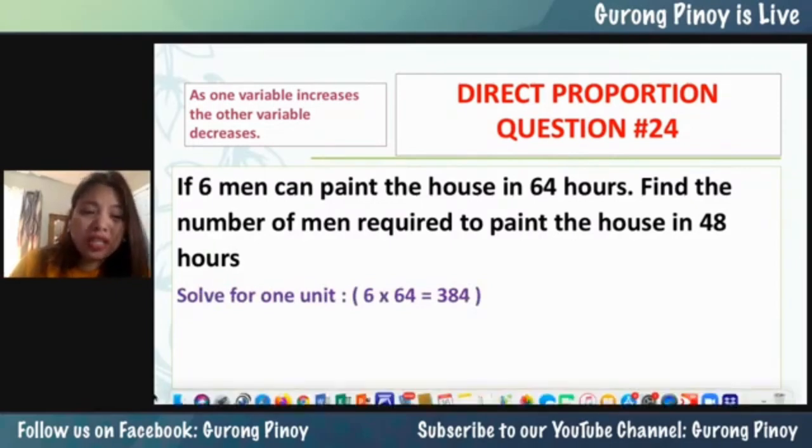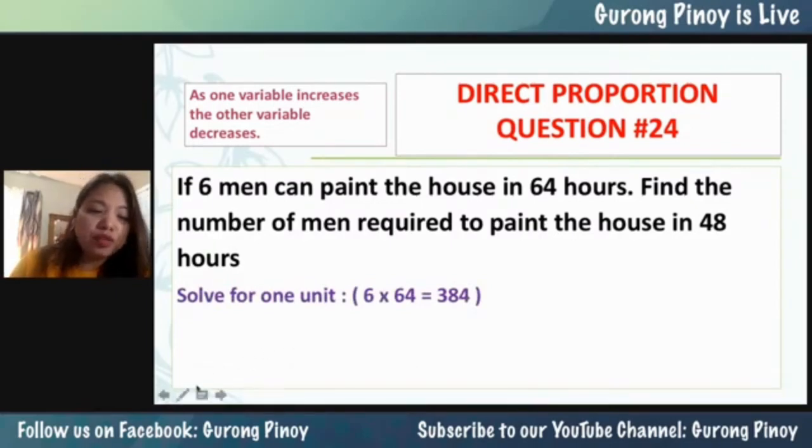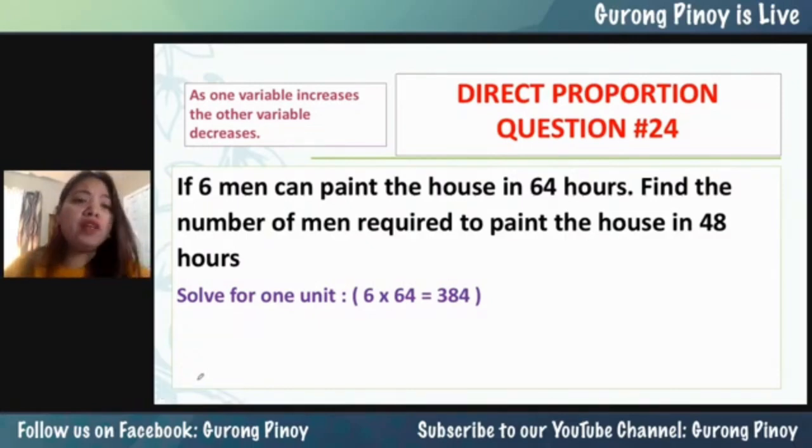This is the easiest way I have found and use, and I feel you can use it too. Solve for 1 unit. What do I mean by this? Just multiply the first pair that is given, 6 and 64. When you multiply 6 and 64, that will give you 384.